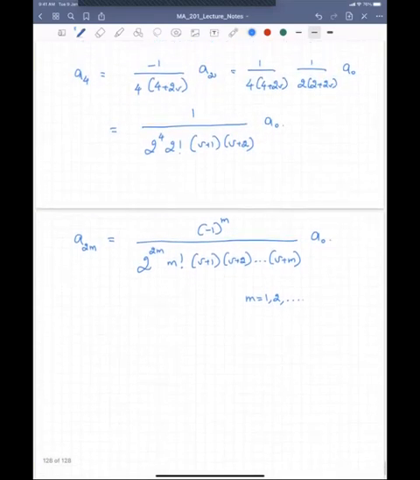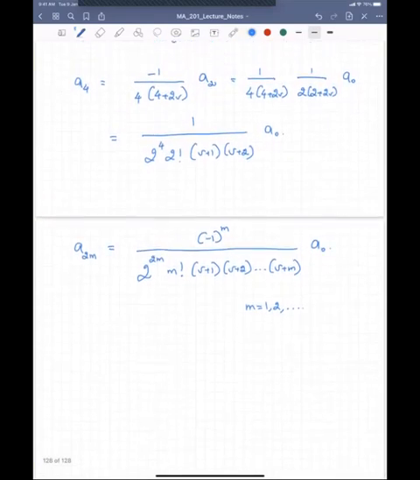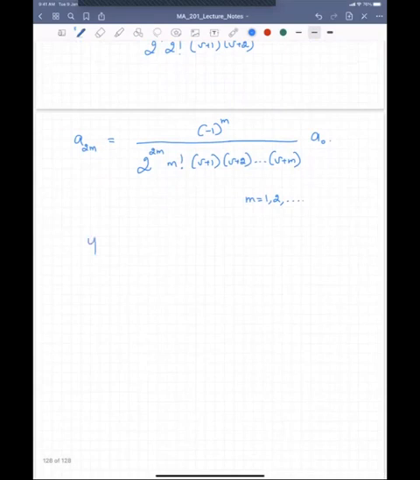So formally, this solves the problem, at least for the root r equals nu. We are done. We have everything that we need. We have discovered that the solution is of the form sum m equals 0 to infinity, am x to the m plus r. Since r is nu, we have m plus nu. This is the formal solution for the Bessel's equation.